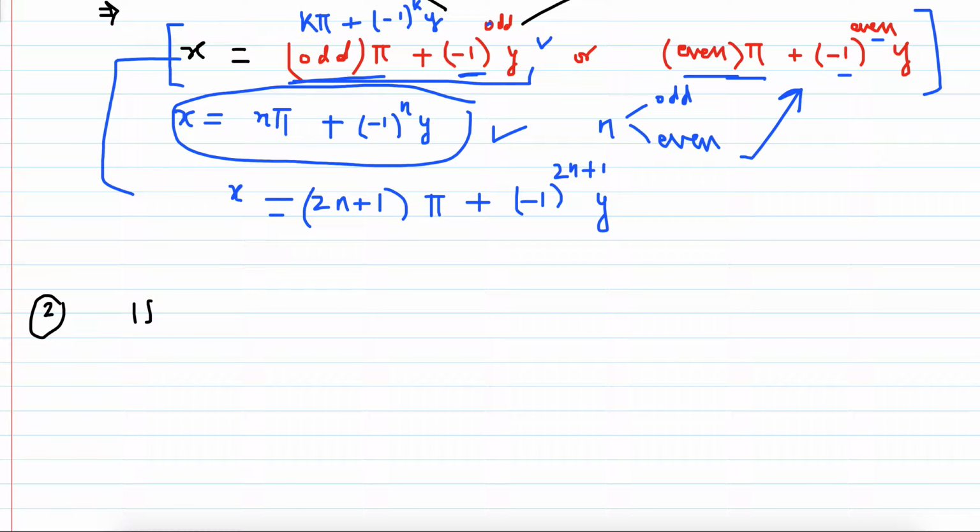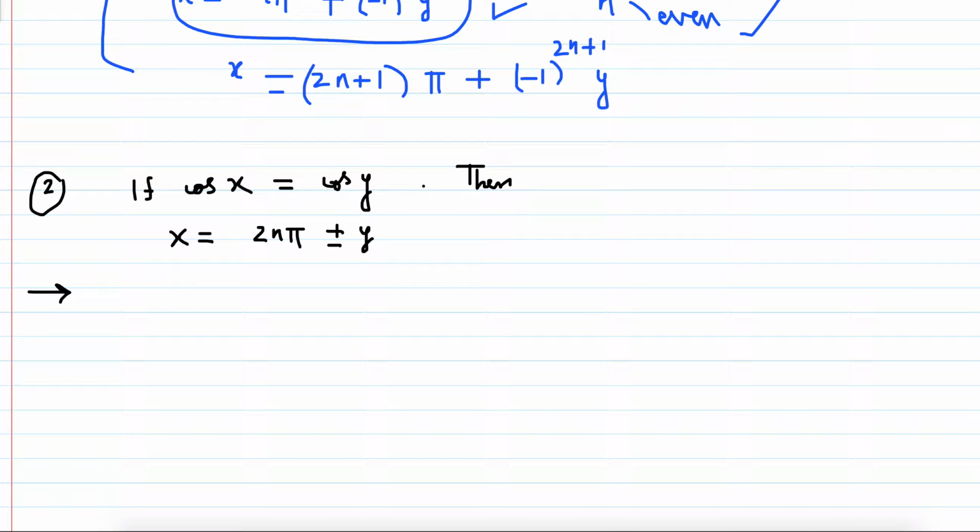So if cos x is equal to cos y, again x and y belong to real numbers. Then we will prove this.